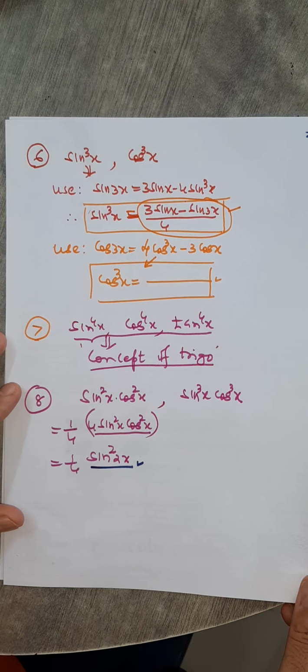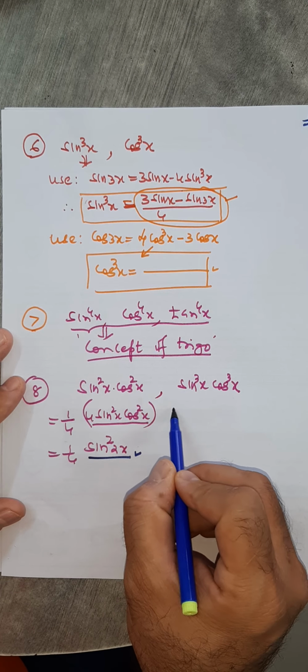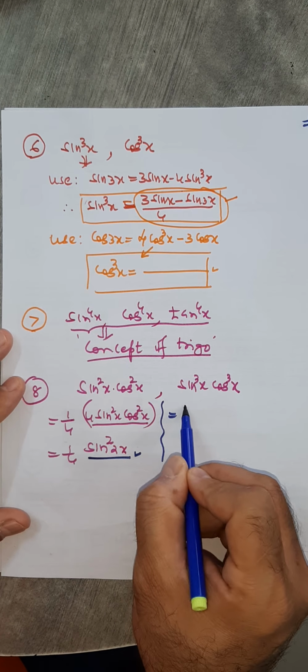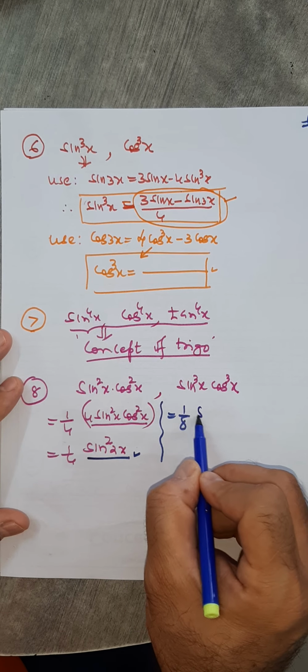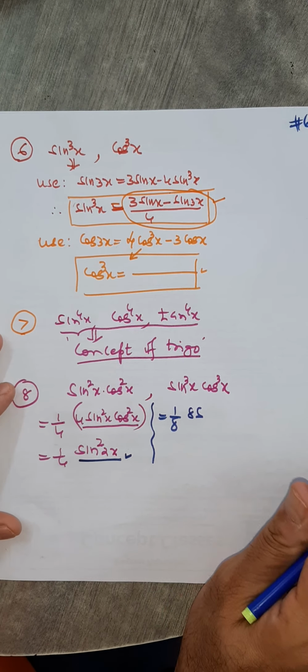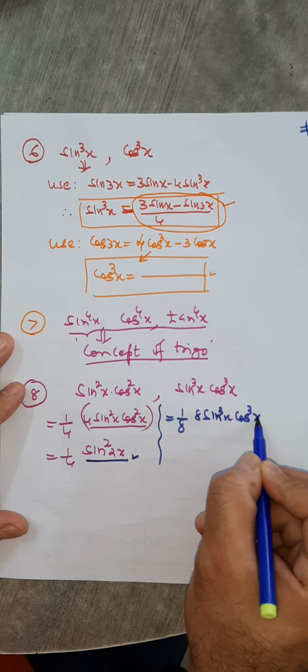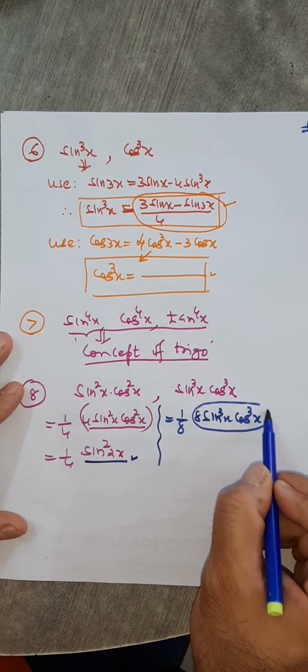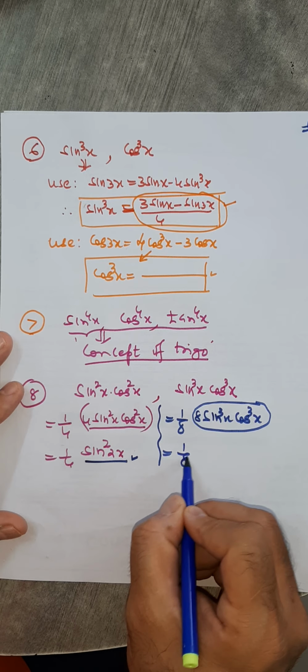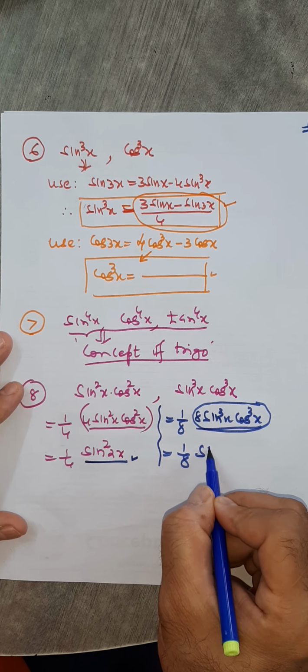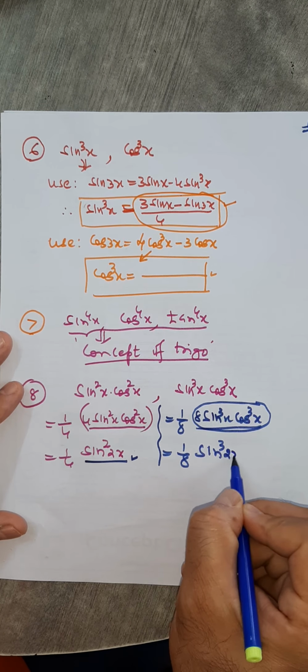What about this? Just recall, multiply and divide by 8. That is 8 sine cube into cos cube. What is this? Recall this from 11th standard. It is 1 upon 8 sine cube 2x. You know it.